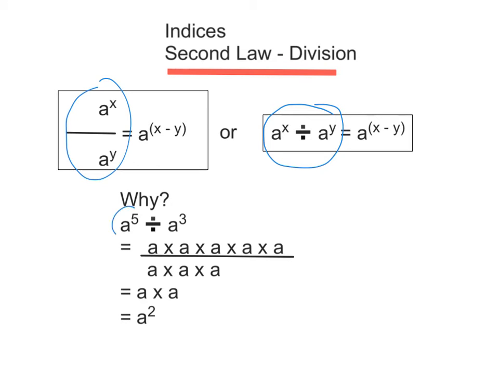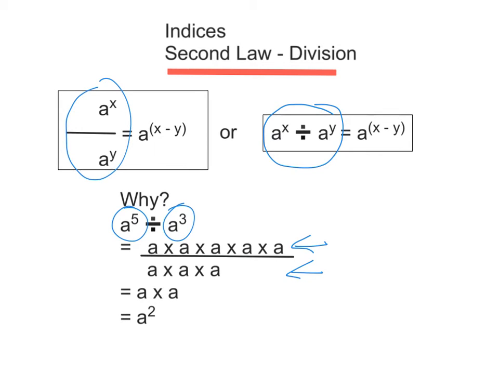A to the power 5 divided by a to the power 3 can be rewritten as a times a times a times a times a, which is a to the power 5, divided by a times a times a. If we think of that as just the same as a fraction, we can actually cancel some of the a's out.